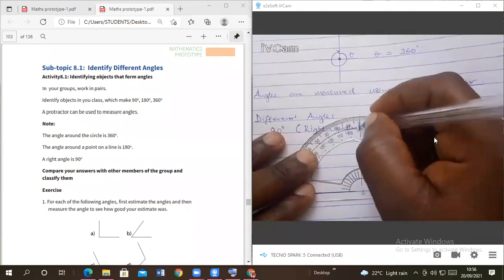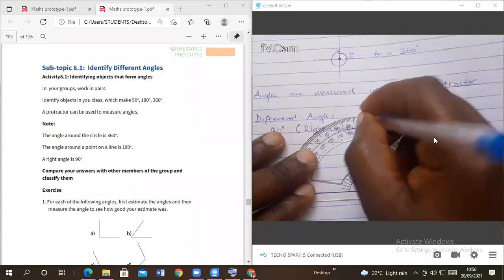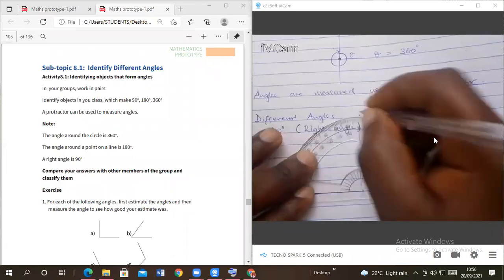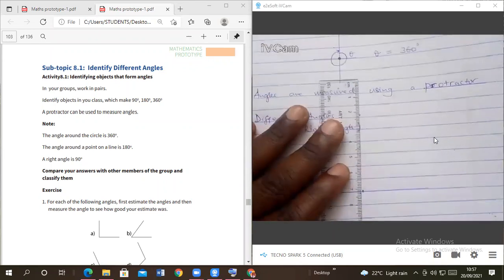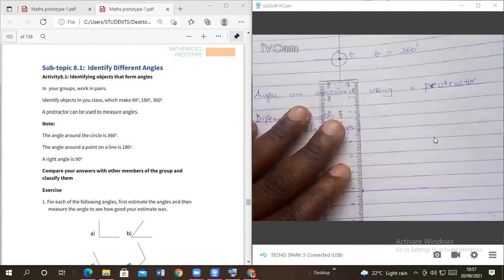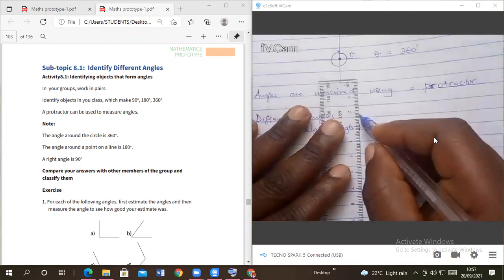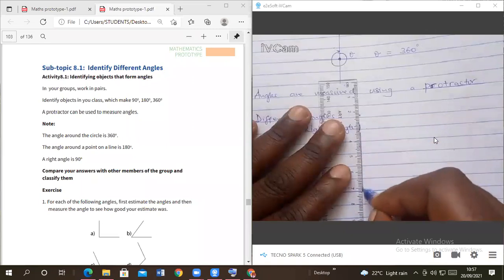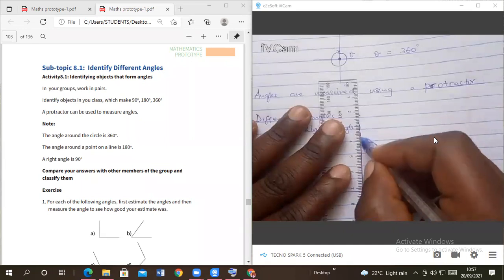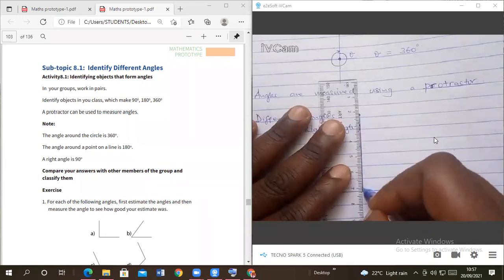Then you put a mark here and indicate that this is 90 degrees. Afterwards, you get your ruler and join this to the center. You draw from that mark to this point, a straight line like that. I will not join because my mark goes beyond this. Okay, I can draw it there like that.